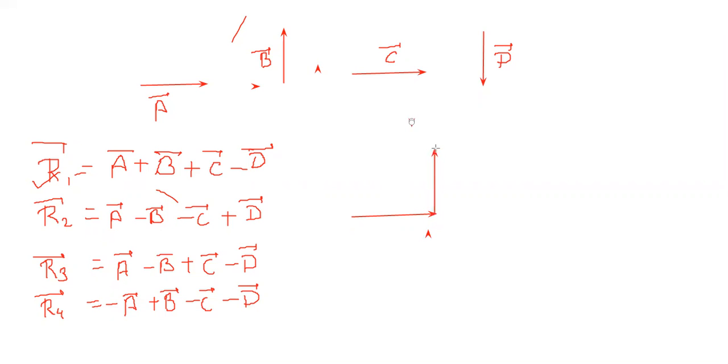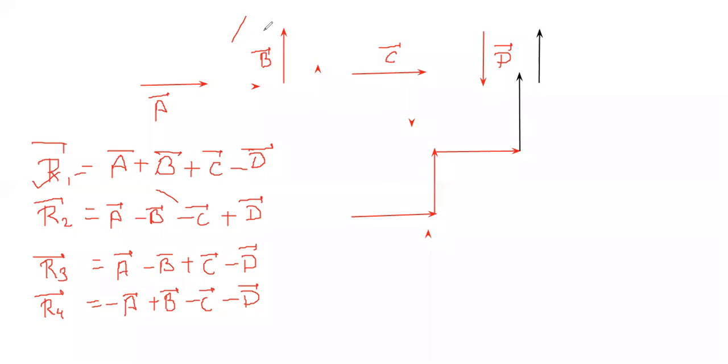Plus C: C tail is joined with B head. And minus D: minus D is the reverse of plus D, so minus D direction is in this way. If we join tail to head, this is the minus D vector.